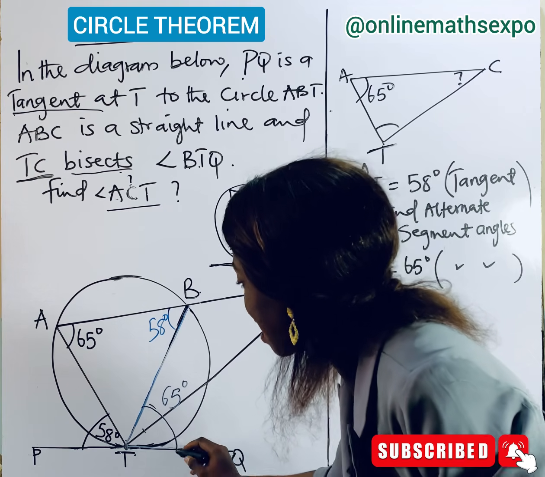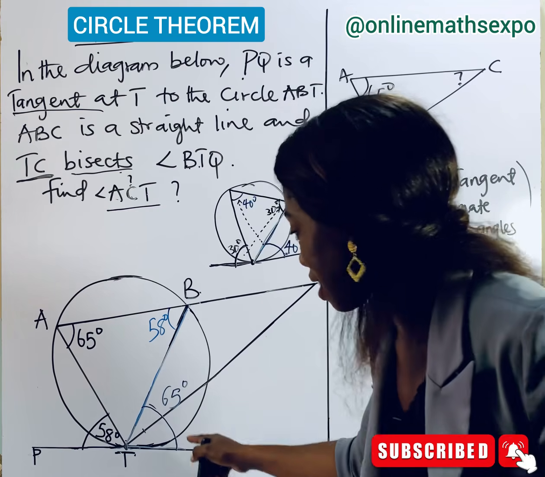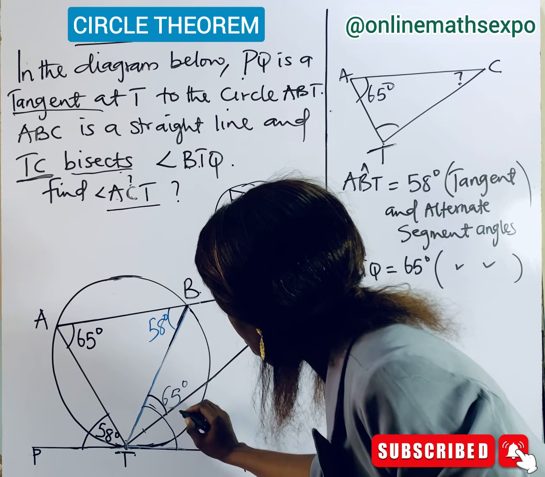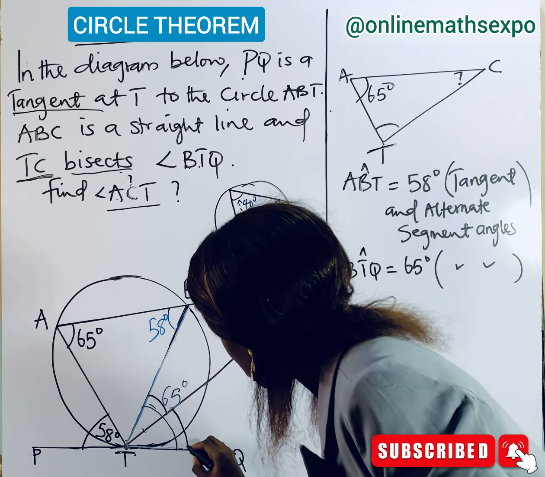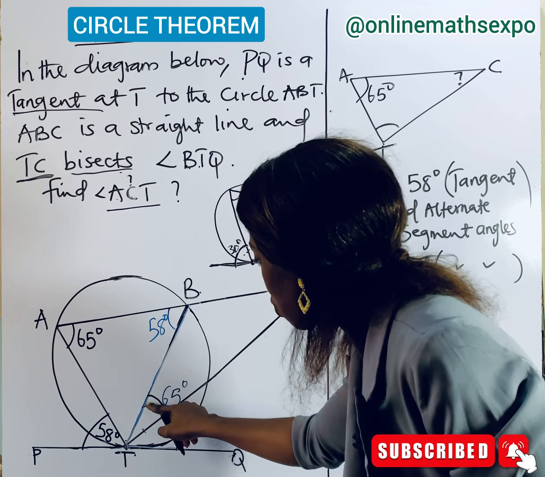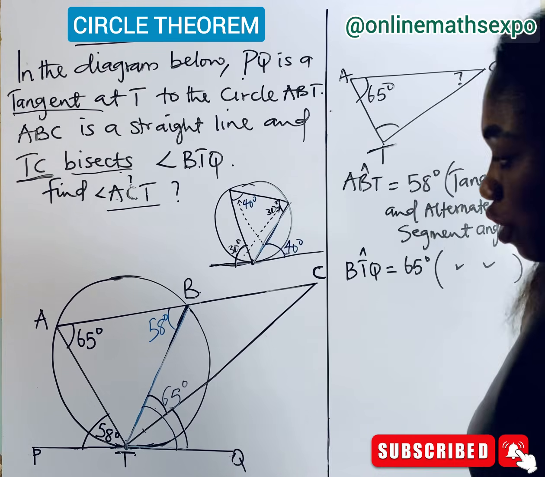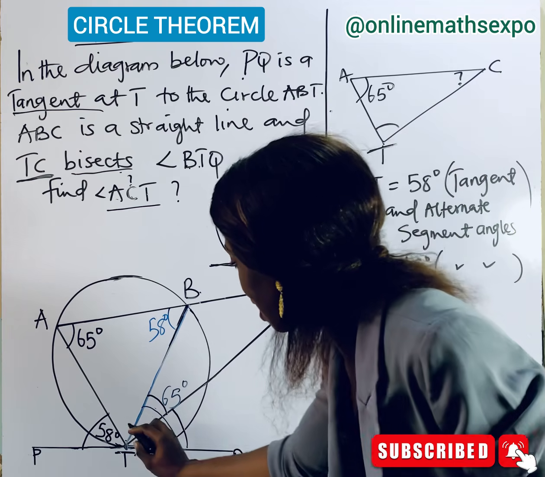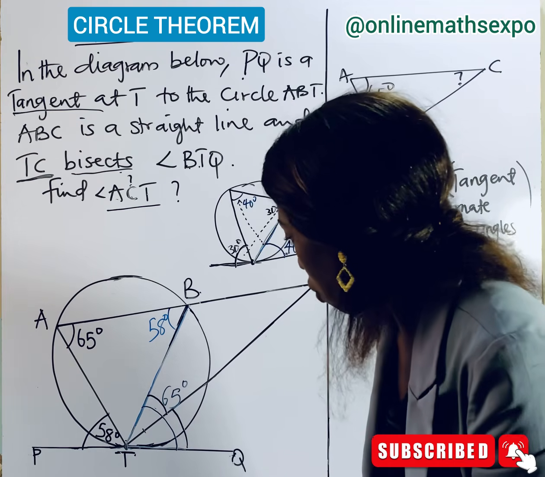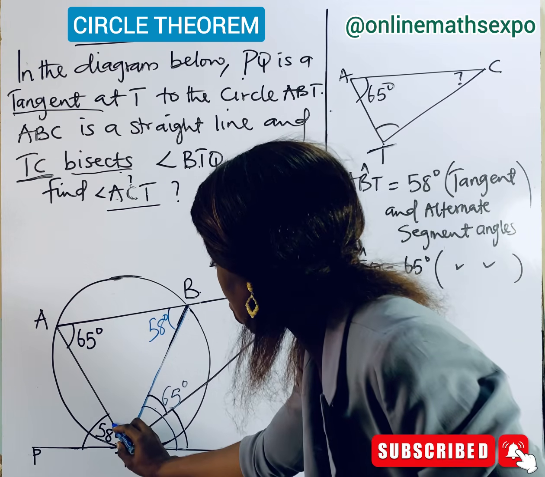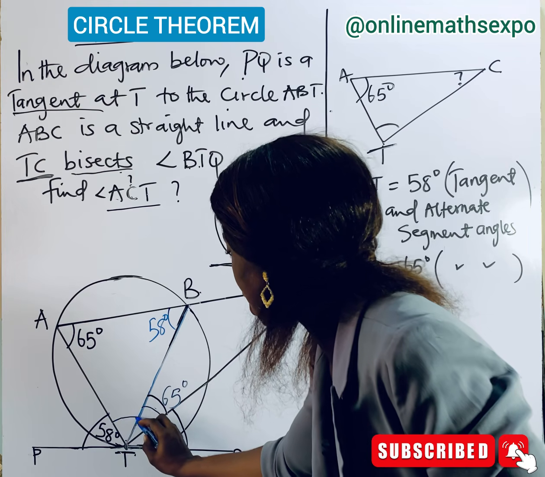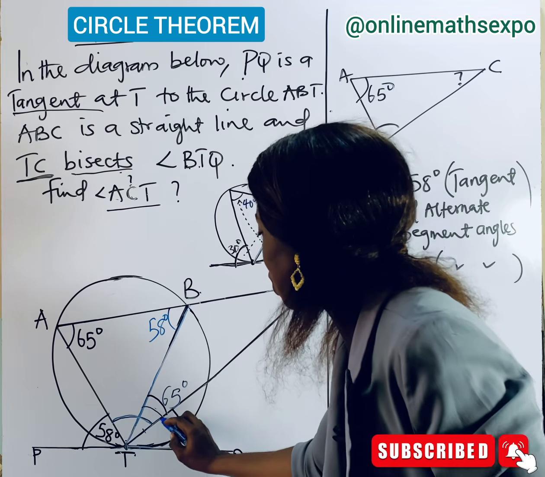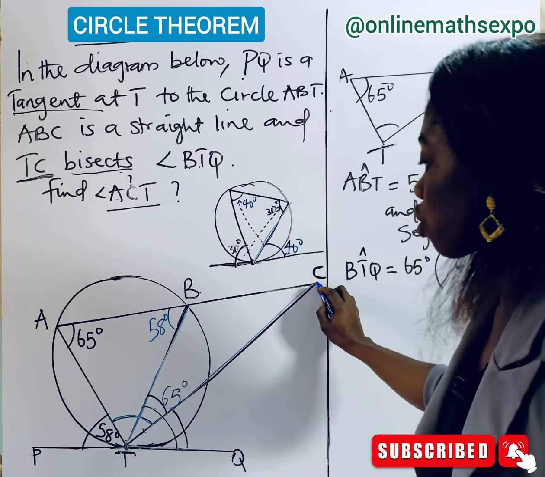So what it means is that if it's divided into two equal parts, this tiny one here plus this one, when you sum them together, is going to give us a total of 65. So what does it mean? Remember, our target is to find this angle. Look at what we want to find. We want to find this because it is this angle. Watch the line. Did you see the line that goes to C?